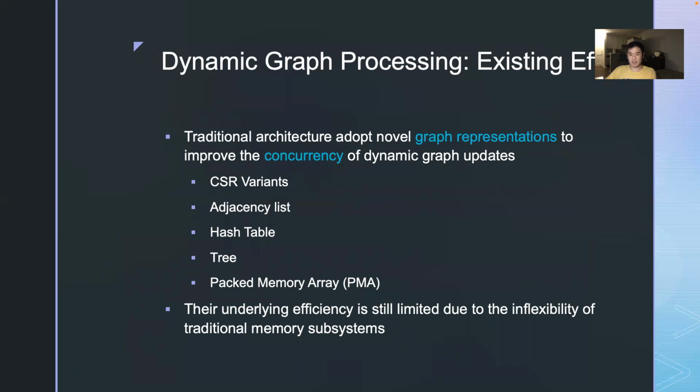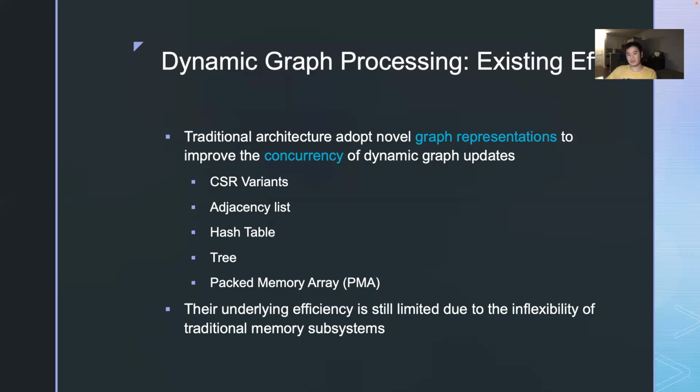Also, early studies on traditional architectures adopt novel graph representations like CSR variants, adjacency lists, hash tables, trees, and packed memory arrays to improve the concurrency of dynamic graph updates.